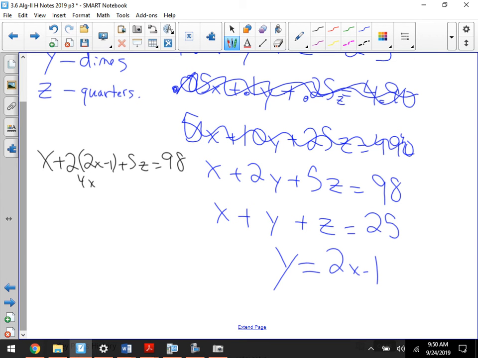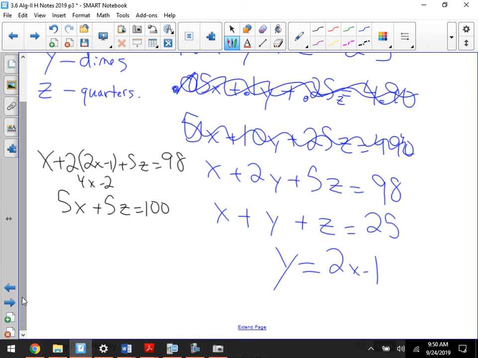Distribute, I get 4x minus 2. So that tells me I have 5x plus 5z is 100 for that first equation. Combine like terms, move the negative 2. Do it again with the next one.